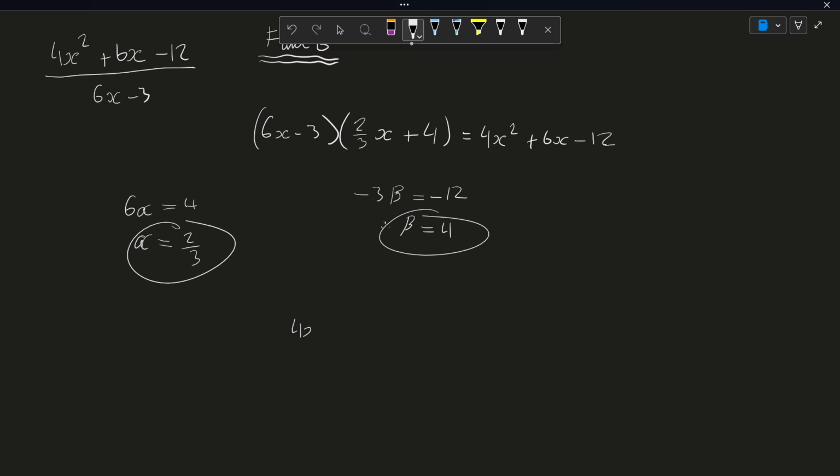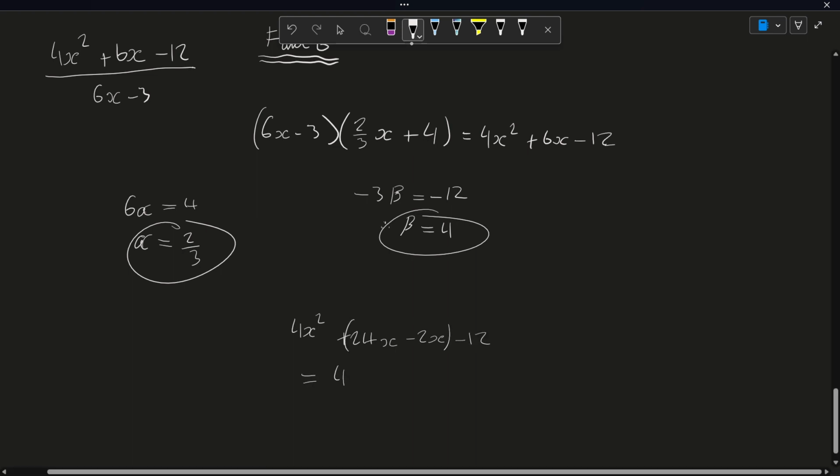So 4x squared plus 24x minus 3 times 2/3 x is just 2x. Then it would just be minus 12. Simplify this part, which gives us 4x squared plus 22x minus 12. So we found our b.